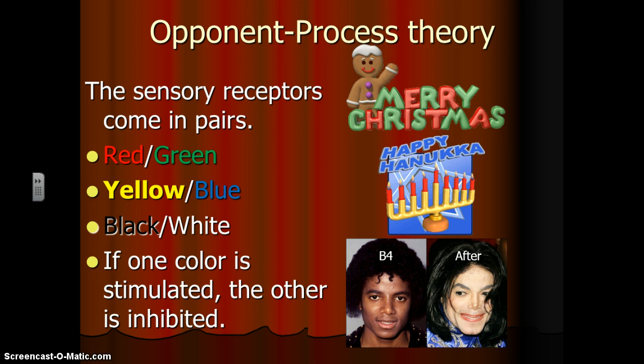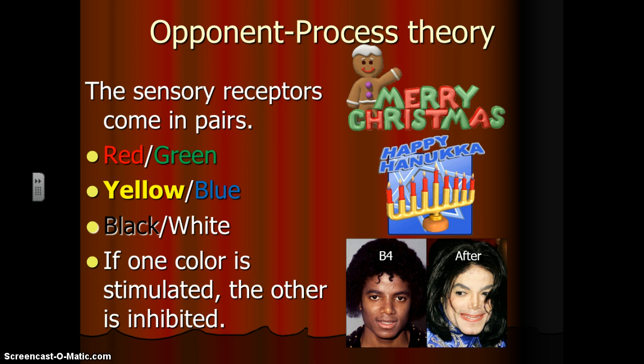That's how they get millions of different colors, because different ones are either on or off at the same time. For example, purple would be the result of red and blue being turned on, while green and yellow are turned off. This is a totally different theory than the trichromatic theory that we just looked at.